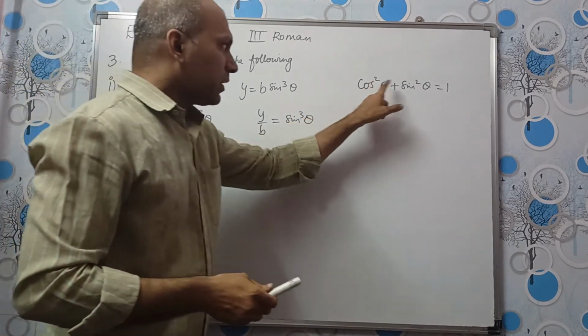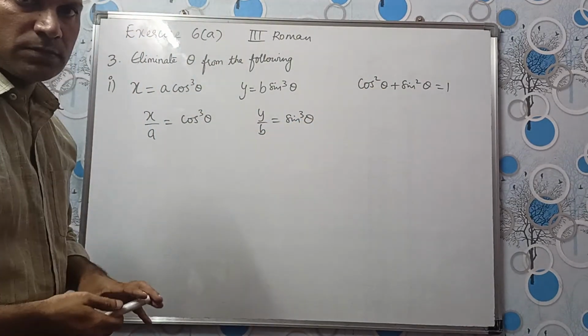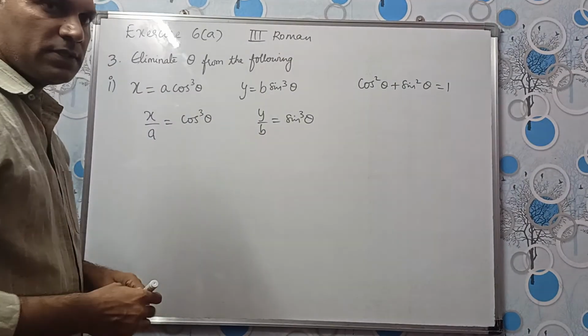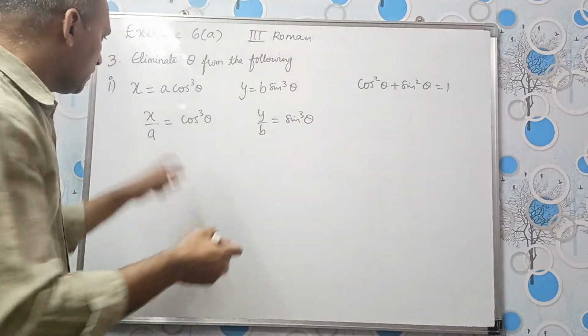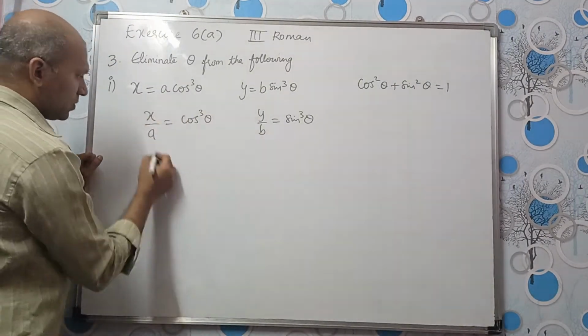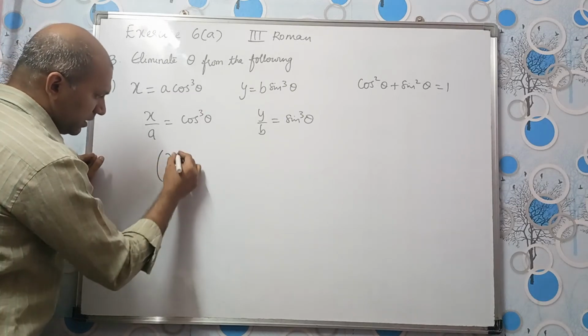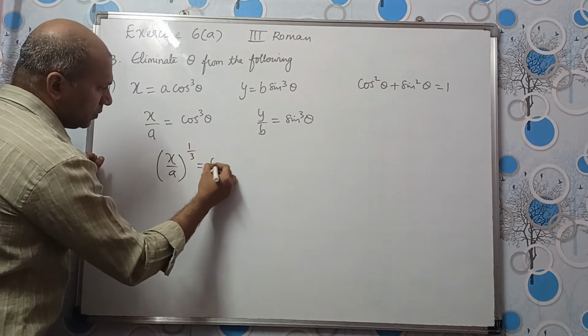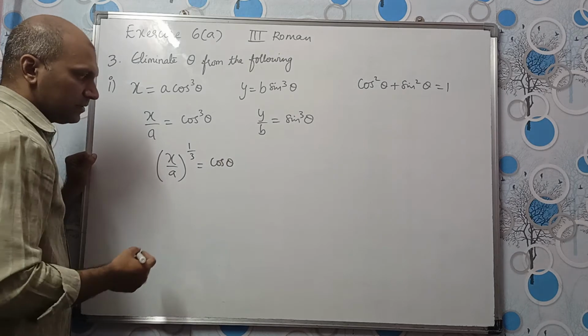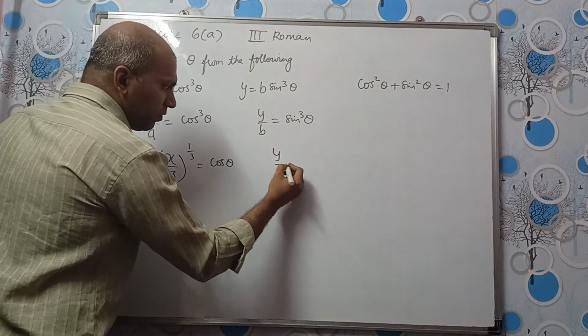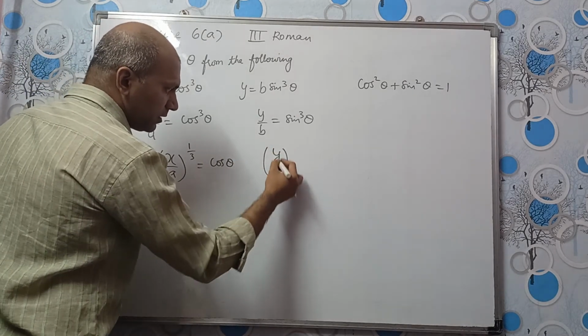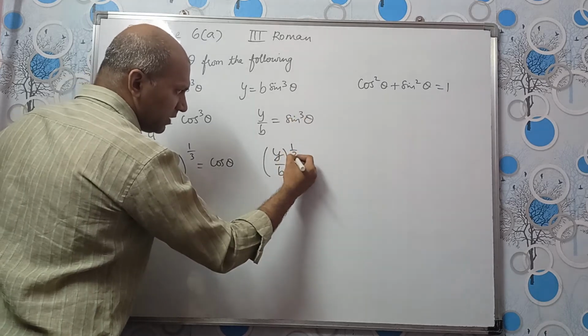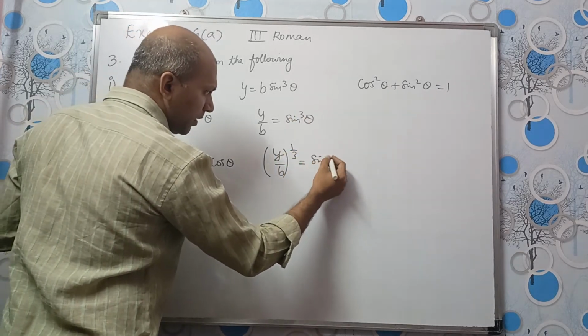But we need square, we have cubes here, so send cube also on the other side. Okay, if cube goes on the other side, if this 3 goes on the other side, it will become 1 by 3. You have studied this in the lower classes, right? And here y by b, this 3 comes this side, 1 by 3 in the power.